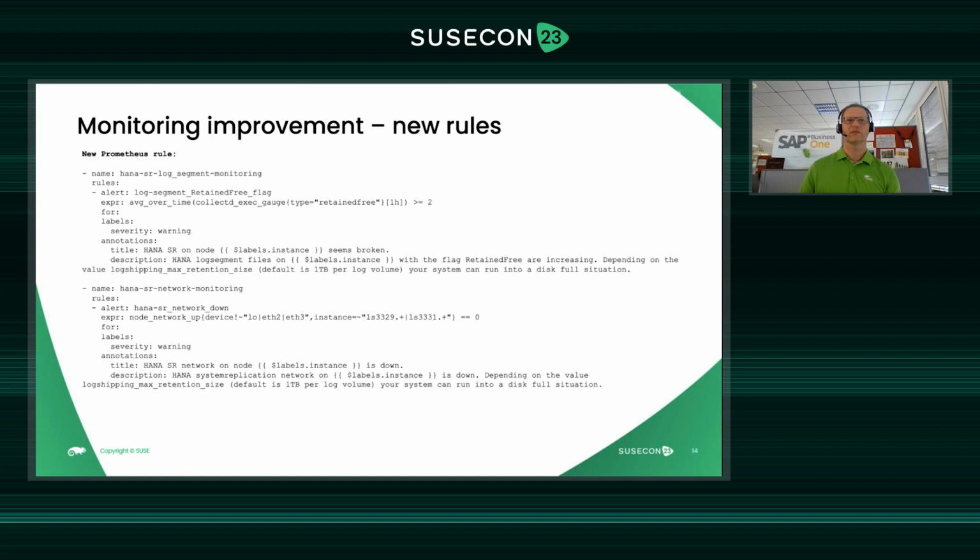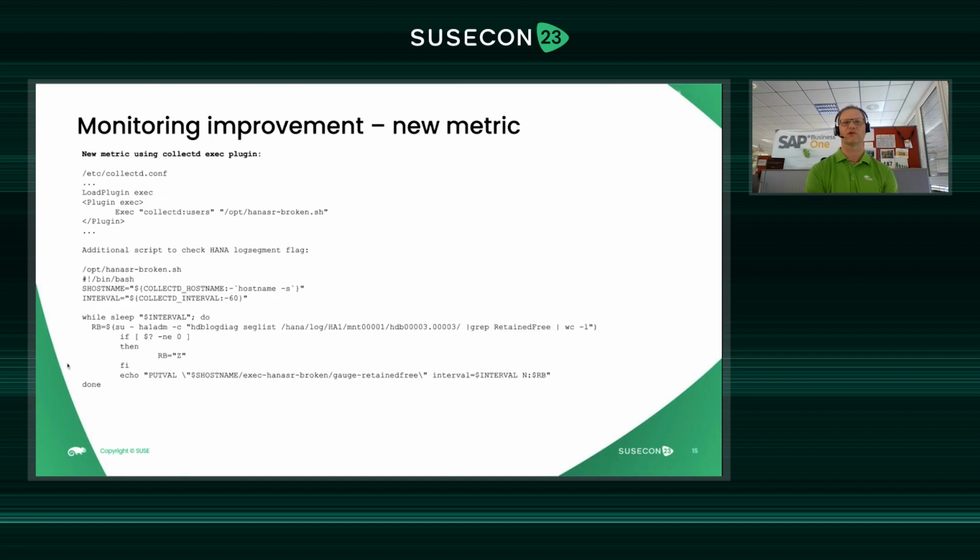And this could help us to avoid the situation we have seen in the demo with the increasing file system, because if we check the flag for those file systems, we would get informed very early before we could see such an increase of the occupied file system.